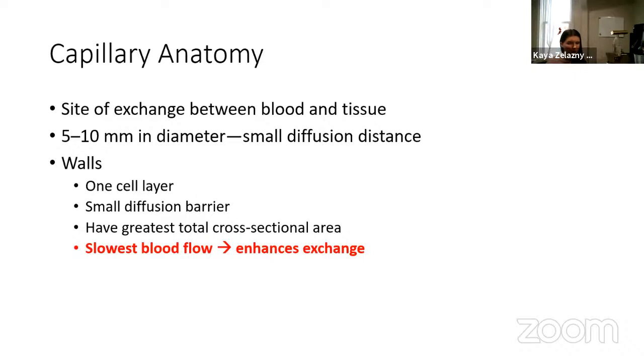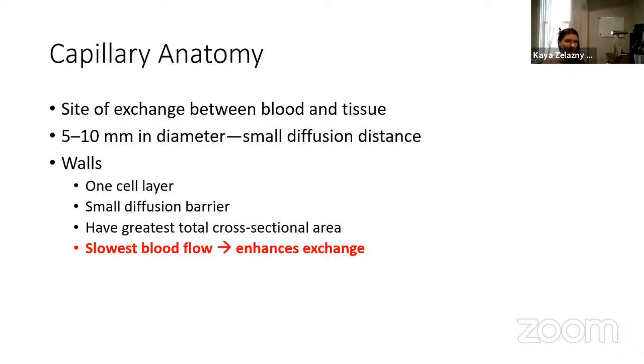Another thing we noticed when we looked at the capillaries is that they're quite narrow. We're going to talk about that in a second because we have a caveat there. But first, speaking about the walls of these capillaries, just one cell layer. So one endothelial cell layer, just like a specialized epithelium.